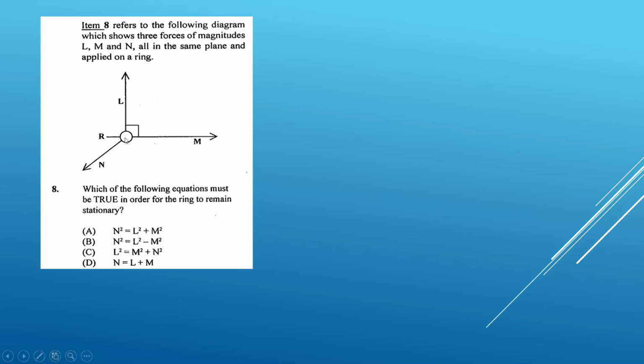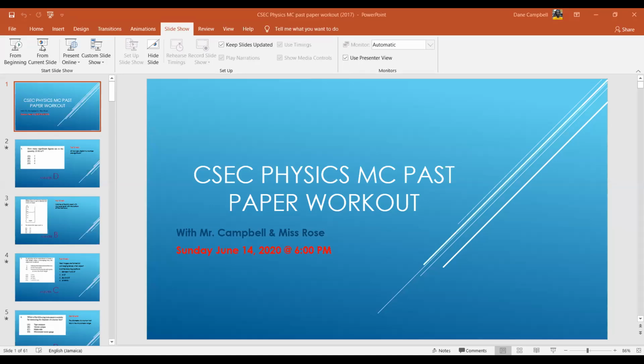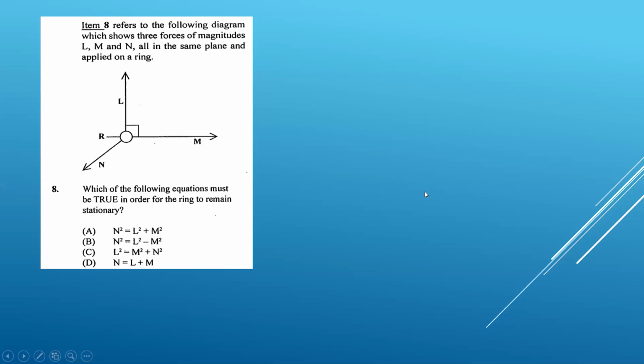And we are told that the ring is stationary, meaning that it is not moving, and therefore there's a perfect balance between all of these forces.